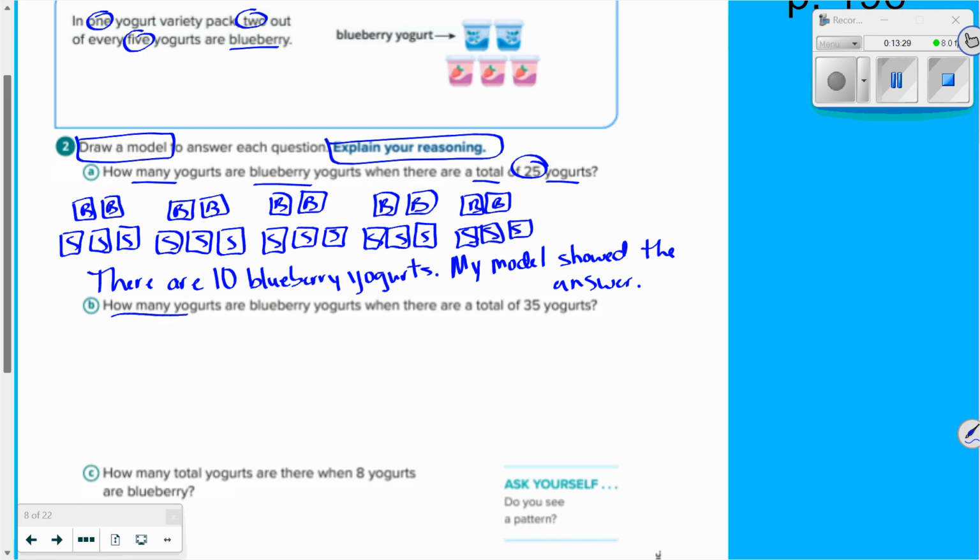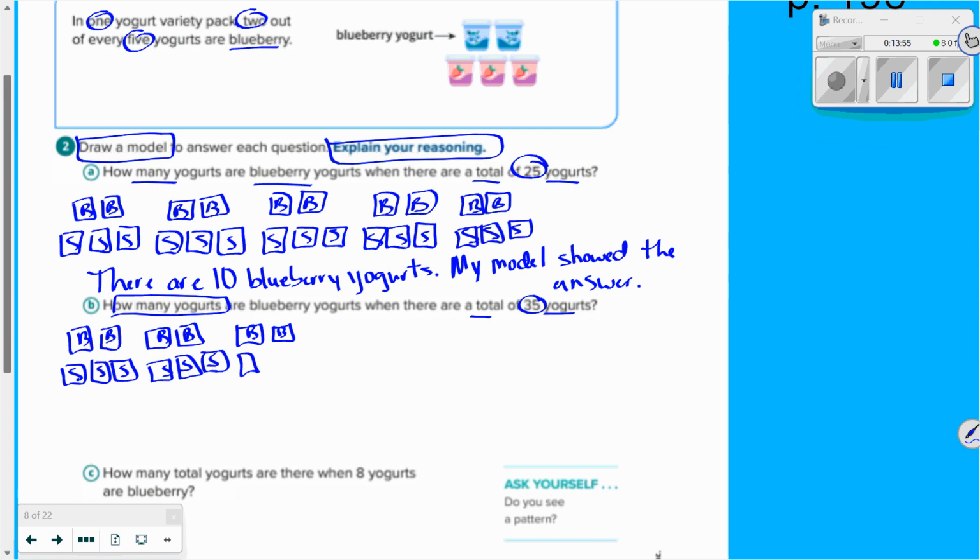How many yogurts are blueberry? There are a total of 35. So basically all that we're doing now is taking our same model, 2 to 5, and now instead of just 25, we're drawing 35. So how many sets of models am I going to end up with? 7.